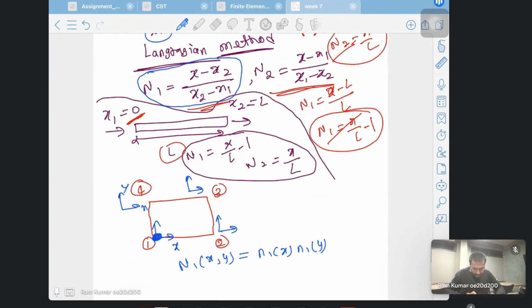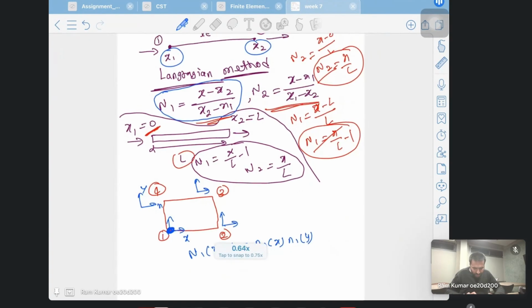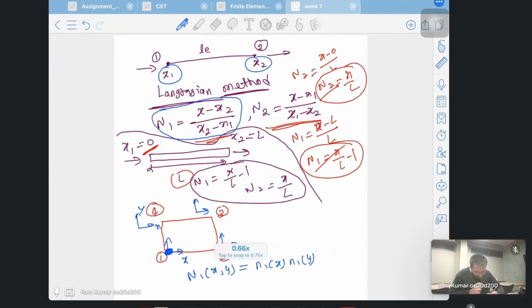Similarly, using the same concept, what will be our n1 here? We are talking about the horizontal direction. I will say this is x1 and y1, this is x2 and y2, and similarly these are coordinates x3 and y3, and x4 and y4.